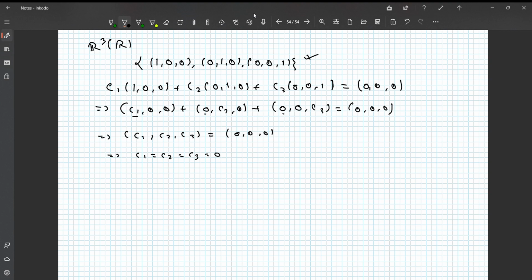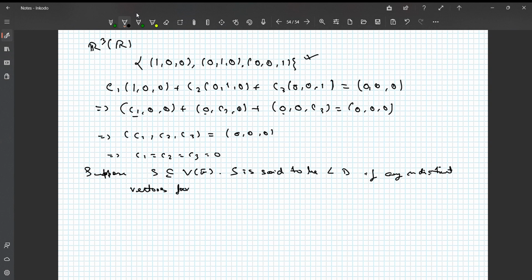Clear? Now if you consider an arbitrary subset of a vector space, suppose S is a subset of a vector space V, then S is said to be linearly dependent if, let me frame it like this, a subset S of a vector space V over F is linearly dependent if any n distinct vectors from S are linearly dependent.